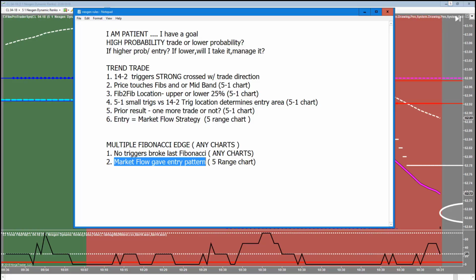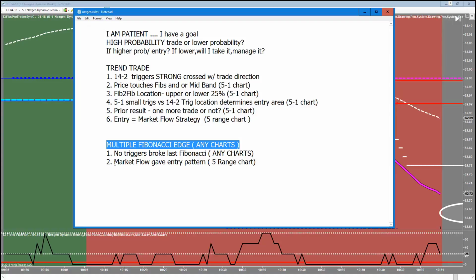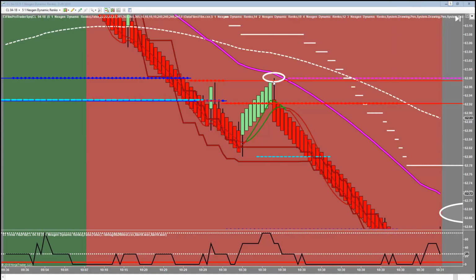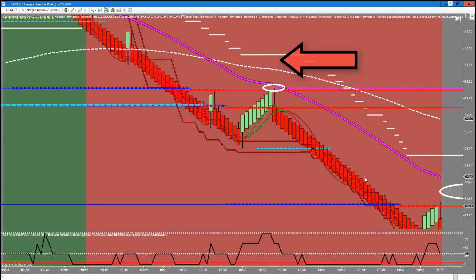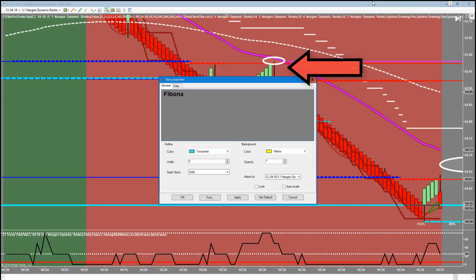We have trend trade rules met. At the same time, we have the edge of Fibonacci resistance, and we have really everything that we need in order to take a short position. And you can see the outcome of that position obviously took us all the way down to what would have been our Fibonacci target down here.